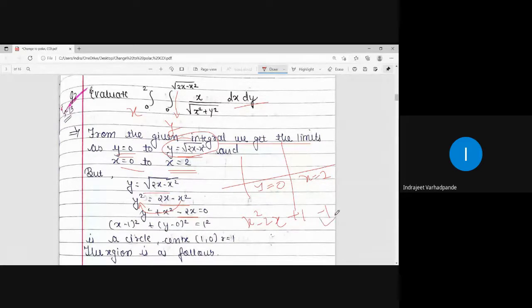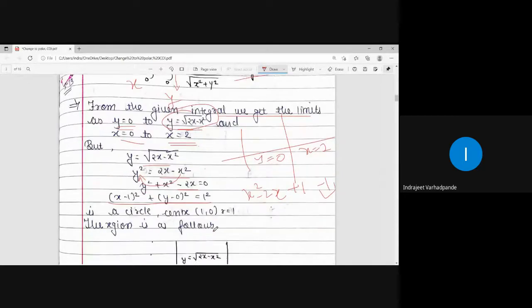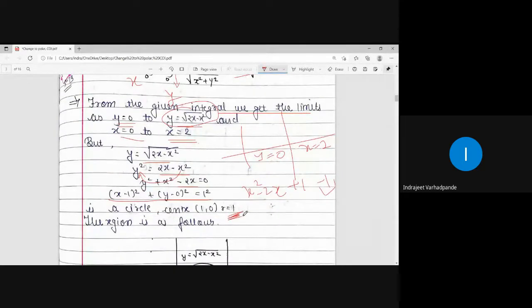That minus 1 will go on the right hand side. So we get the equation as (x minus 1) the whole square plus (y minus 0) the whole square equal to 1 square. So it is a circle with center at 1, 0 and radius equal to 1.